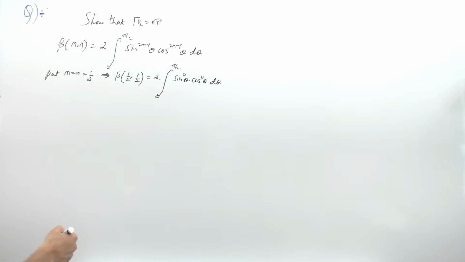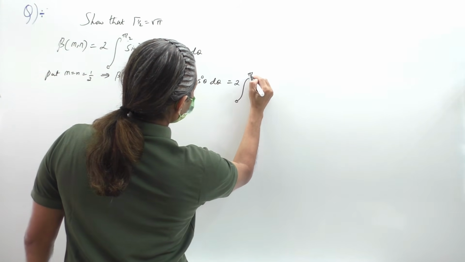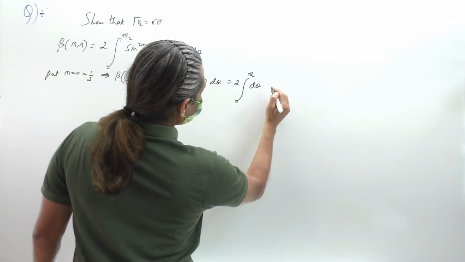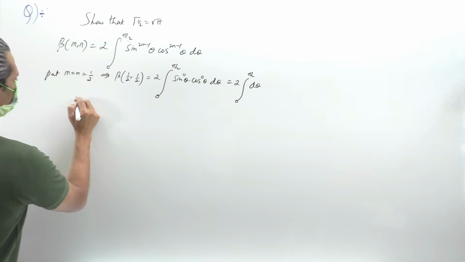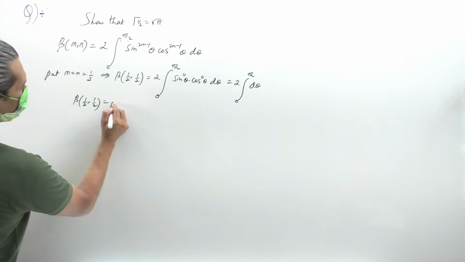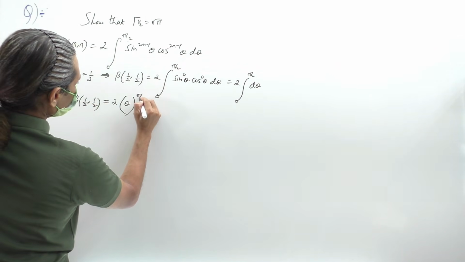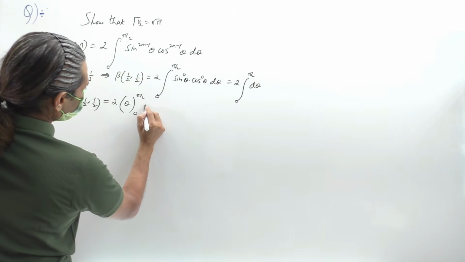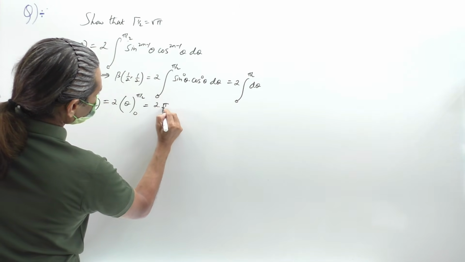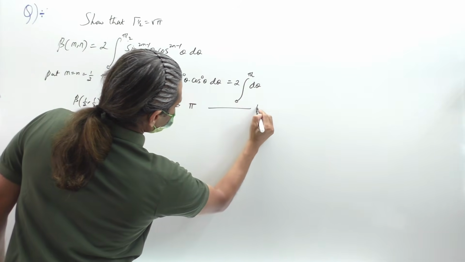Obviously it's 1, correct? So this will be 2 times the integral from 0 to pi by 2 of d theta. If I evaluate it, beta 1 by 2 comma 1 by 2 is equal to 2 times theta from 0 to pi by 2, which is 2 into pi by 2, that is pi. I'll take this as number 1.